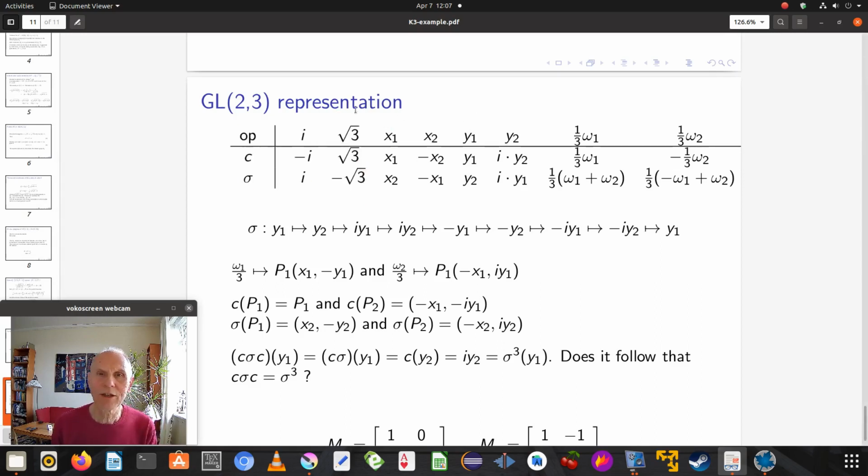So to find the GL23 representation, or even to identify the group, we first see how sigma maps the y values, y1 to y2, y2 to iy1, which then goes to iy2, iy2 goes to -y1, minus iy1, which goes to minus iy2, which goes to minus y1, which goes to minus i, which goes back. So it has order 8.